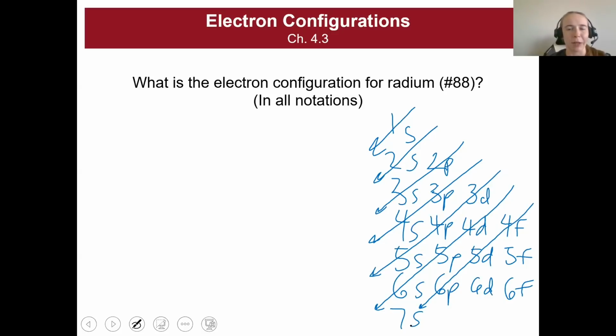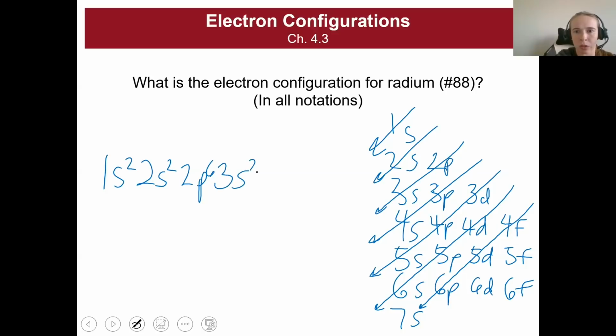Let's see if we need that many. All right, so 1s2, 2s2, 2p6, 3s2, 3p6, and then my next one is 4s2.